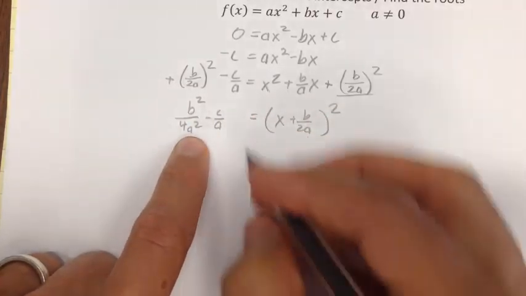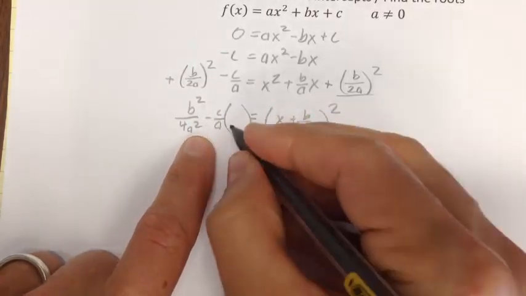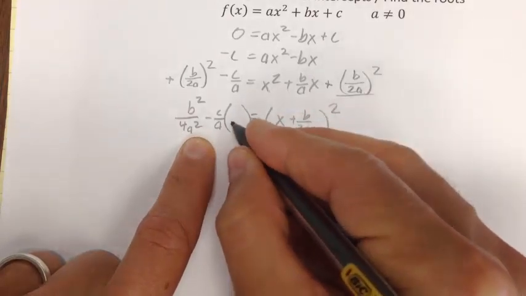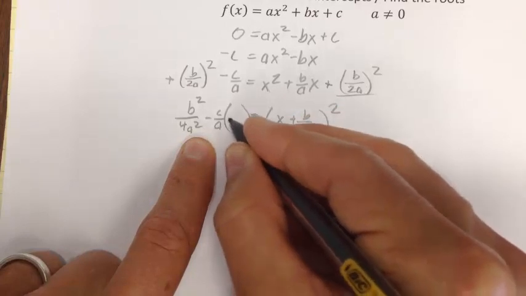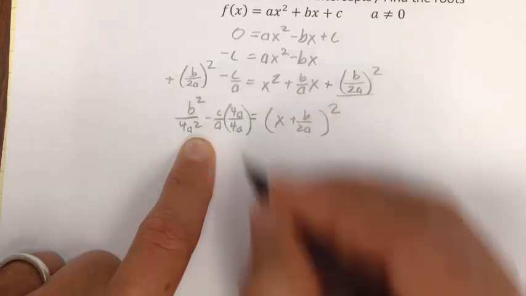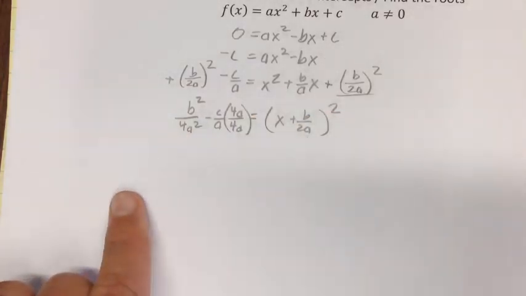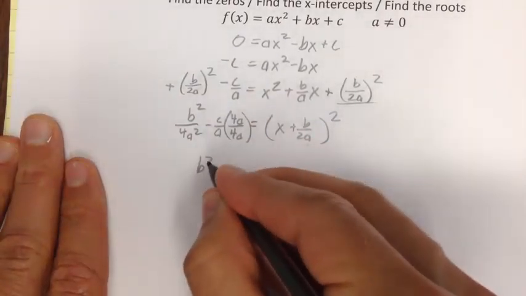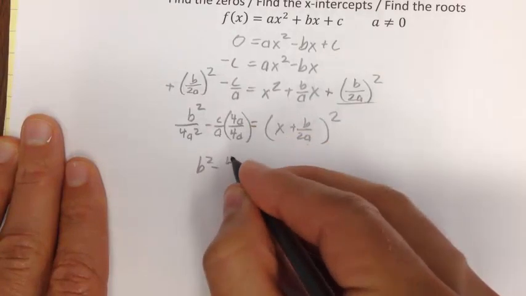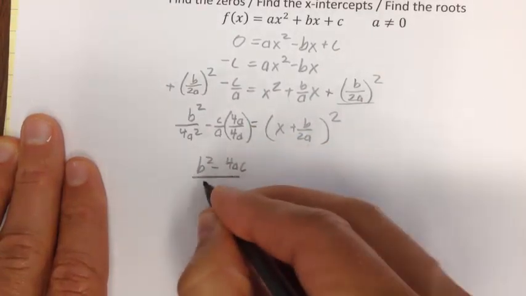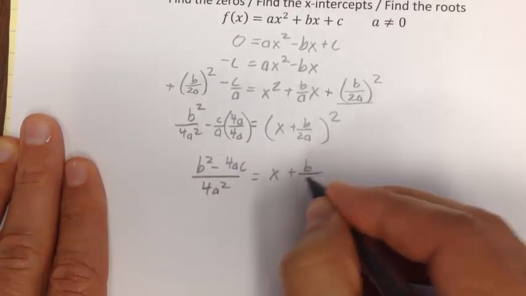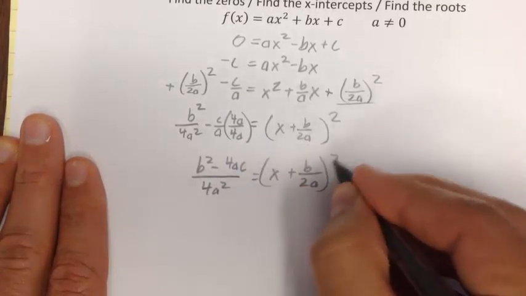So to get a 4a squared in the denominator, I would need a 4a over 4a. Okay, so what I could do, I guess I could write this as b squared minus 4a times c all over 4a squared equals x plus b over 2a squared.